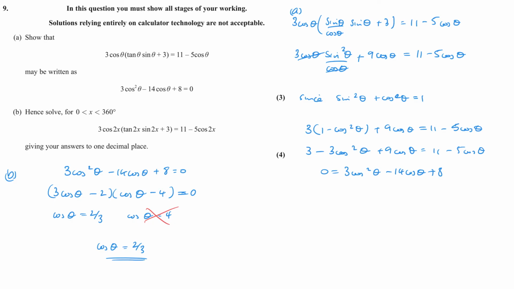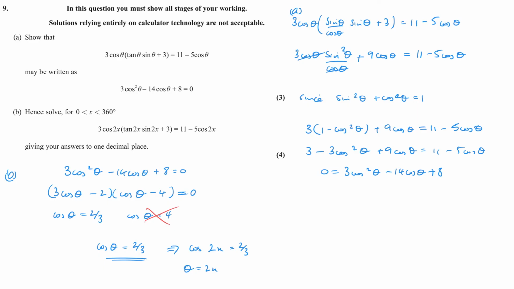Now, the question actually had 2x in it, didn't it? So this is actually cos of 2x equals 2/3. Okay, and that's something that we've got to keep in mind. Now I'm going to use the cos theta equals 2/3, but the cos 2x is what I'm going to come back to, because theta equals 2x.